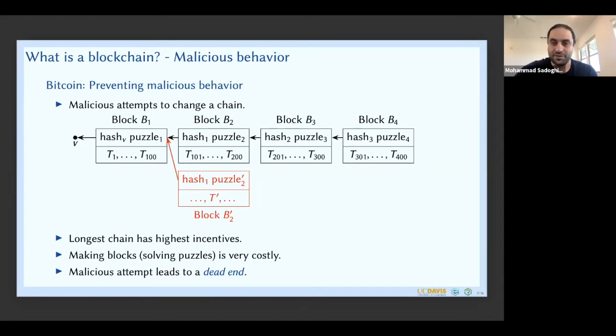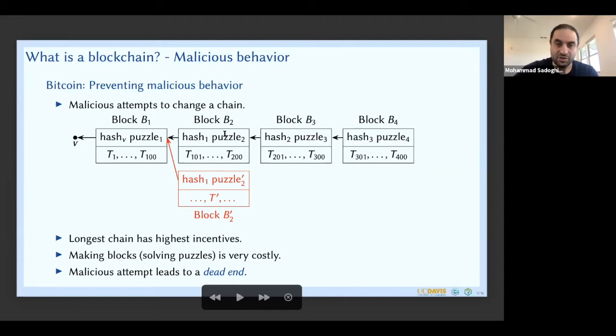We talked about the overall aim and the overall intention behind developing a decentralized and democratic platform. A simple representation of the blockchain, as we covered last time, is just a chain of blocks. Every block also internally maintains a hash of the previous block, and the hash of the previous block is part of the puzzle that needs to be solved, for example, for block B2.